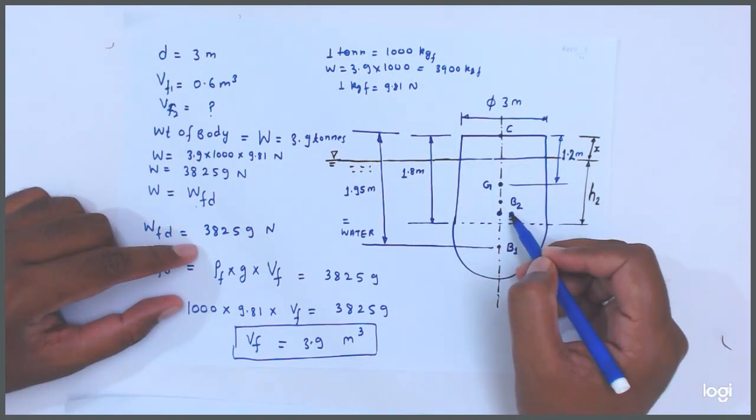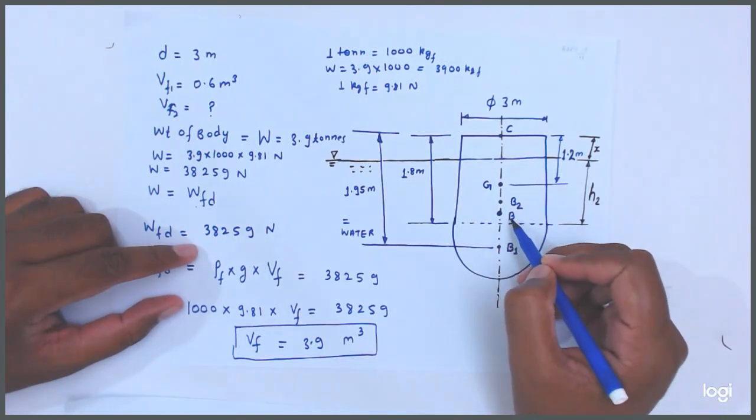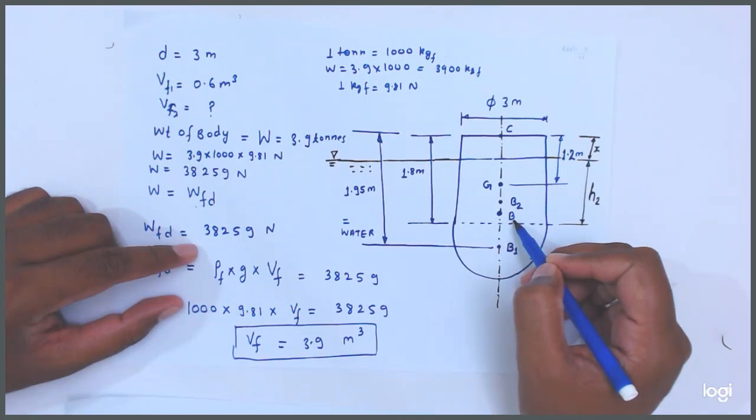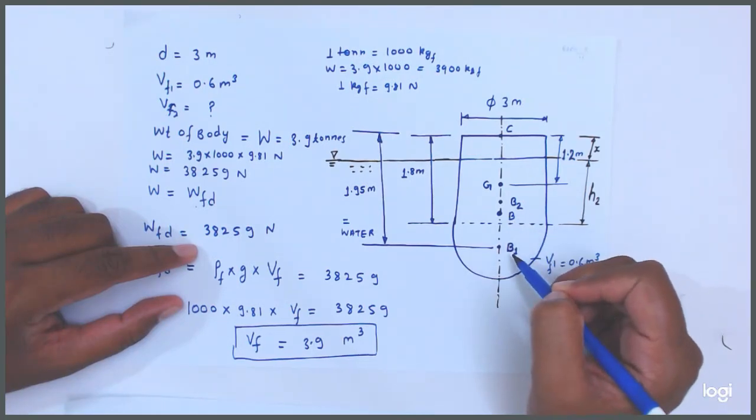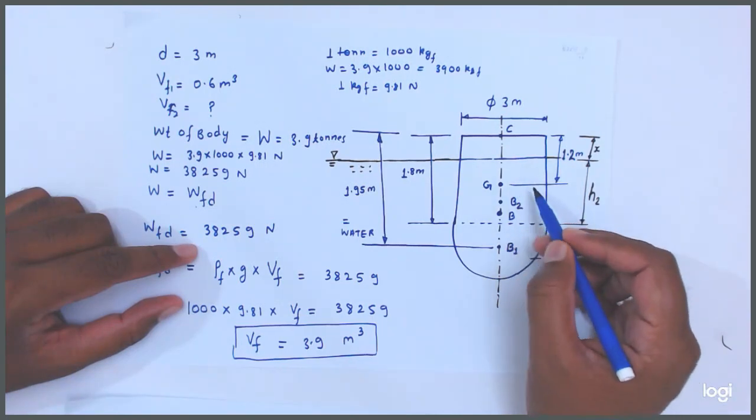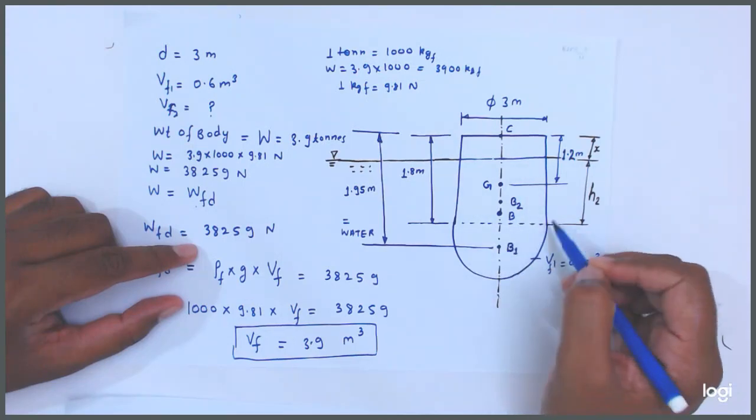This is the center of buoyancy of the whole body B. Getting, friends? This B1 is the center of buoyancy of the lower part, B2 is the center of buoyancy of the upper part, but B is the center of buoyancy of the whole part.